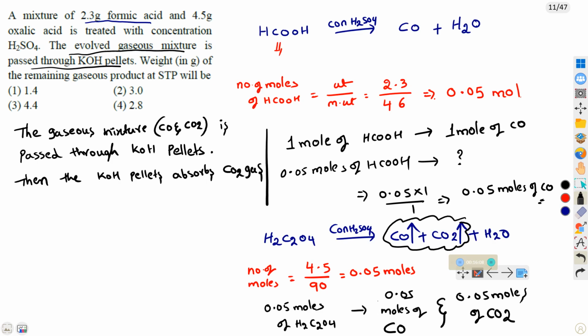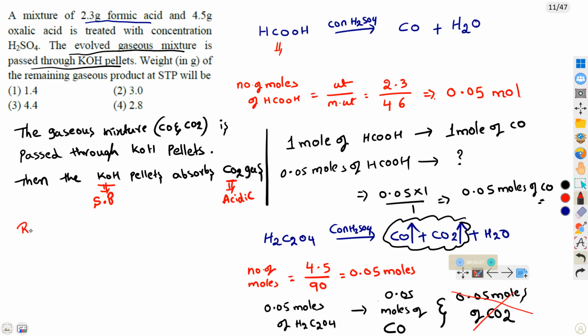Why do KOH pellets absorb CO2 gas? KOH acts as a strong base, and CO2 is acidic in nature. That's the reason KOH pellets absorb CO2 gas.